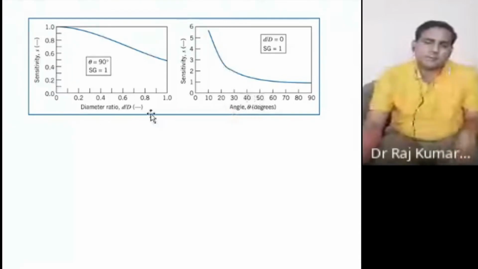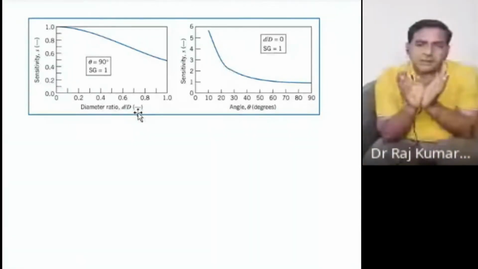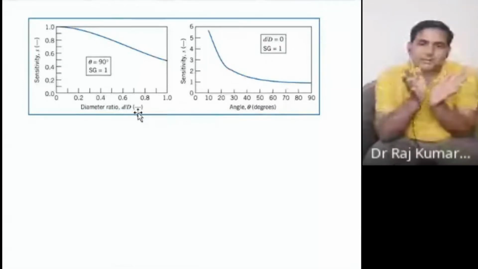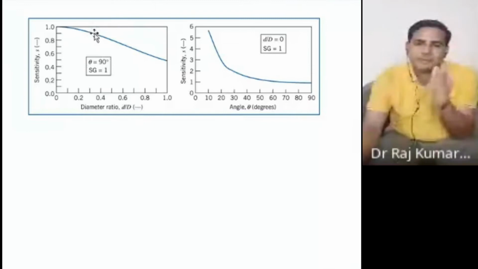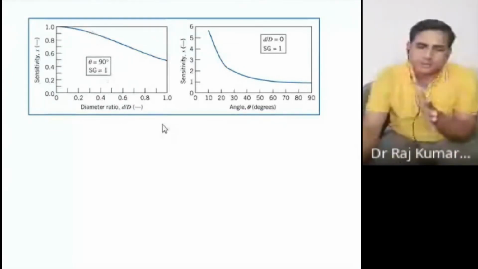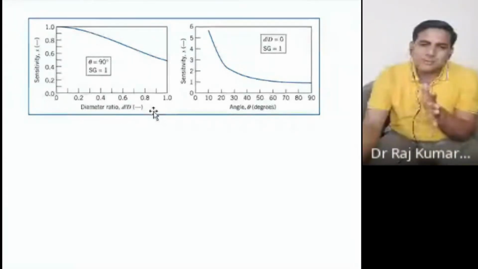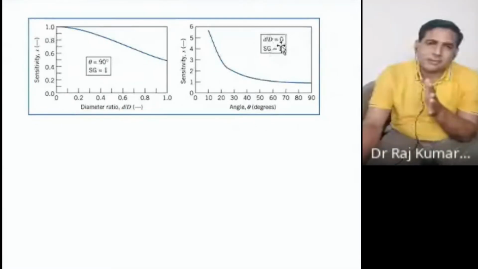You can have two things. First you design one thing, and in this case theta is fixed. You are just changing the diameter of the tube. In this case, d by D is considered zero.